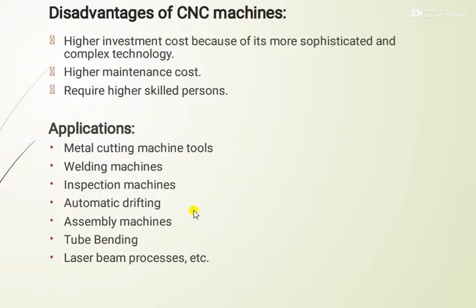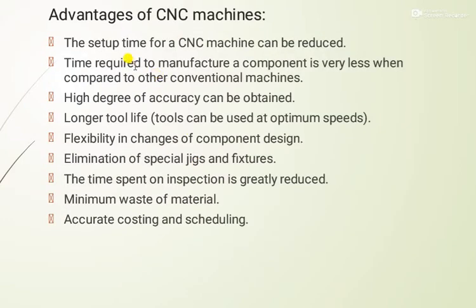Next we will see about the advantages of CNC machines. The setup time for a CNC machine can be reduced. The time required to manufacture a component is very much less when compared to other conventional machines. A high degree of accuracy can be obtained.